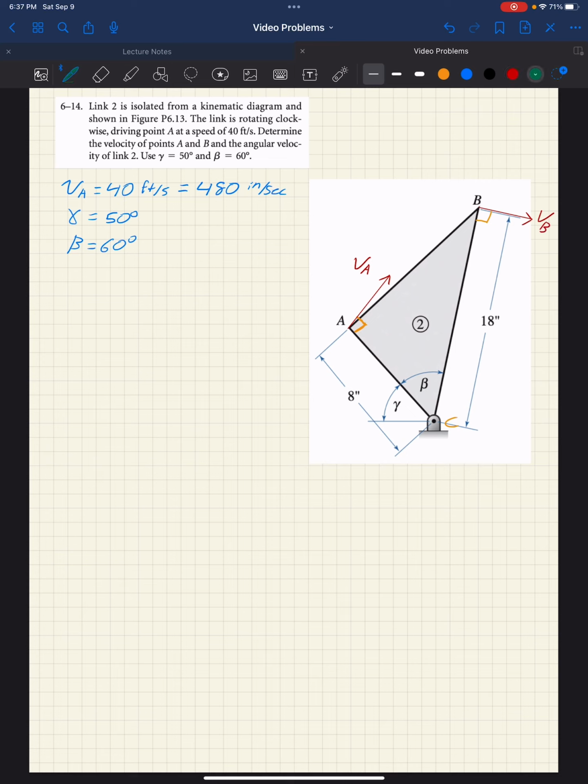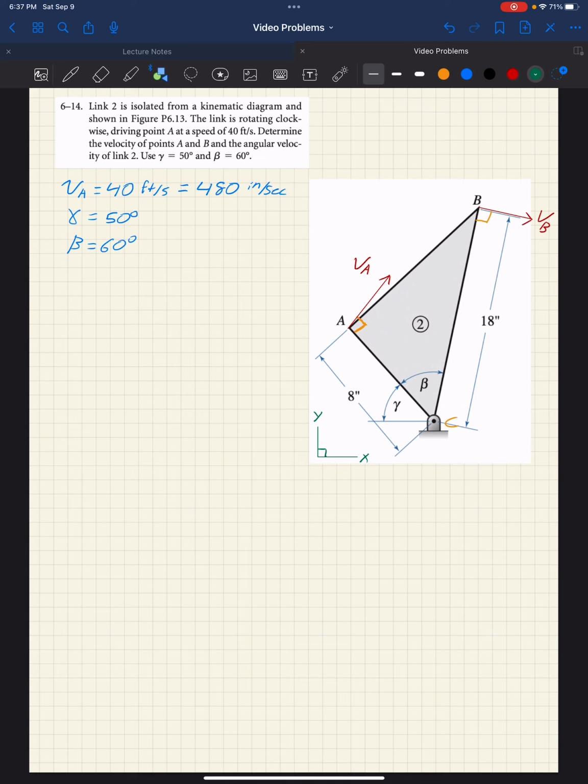Okay, so part of what we're doing is finding not just the magnitudes but the orientations of these velocities. So let's give ourselves a reference axis to go off of here. Simple enough, XY.